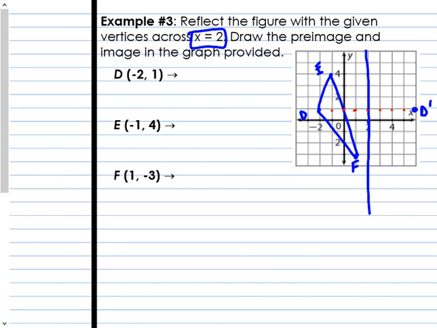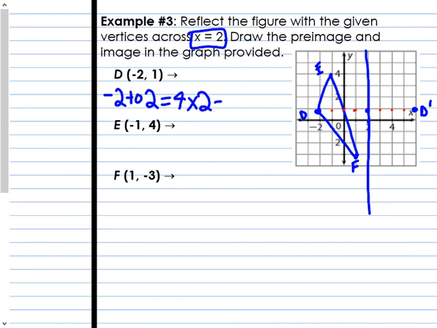Okay? And if you think about it, it had to travel 4. It had to go from -2 all the way to 2. Okay? So from -2 to 2, that's 4 spaces. That's 4 spaces there. And then I have to go 4 more the other way, or I should say in that same direction, across the line.